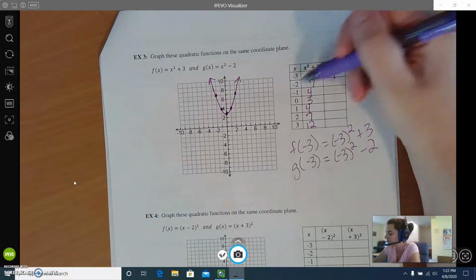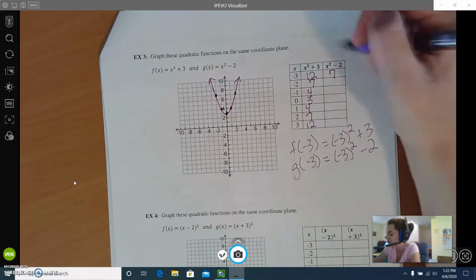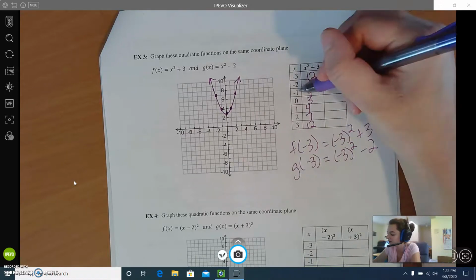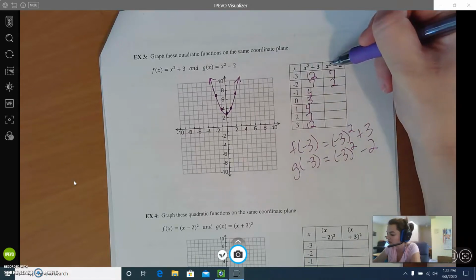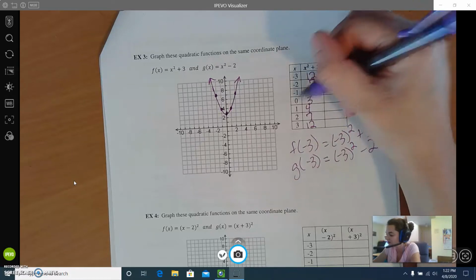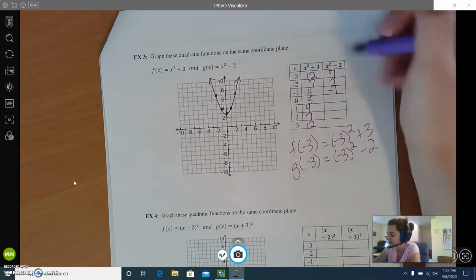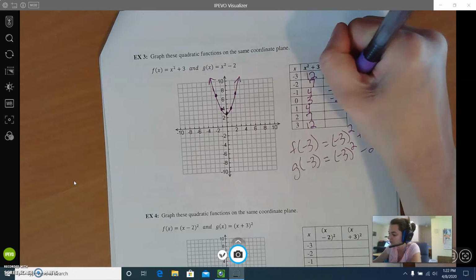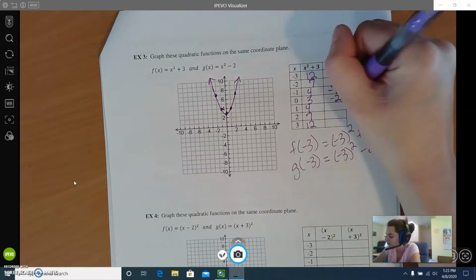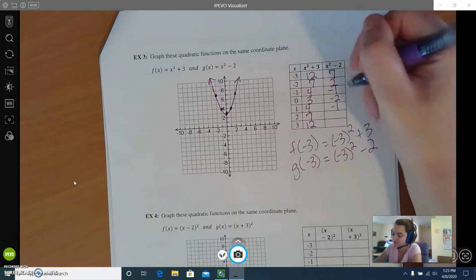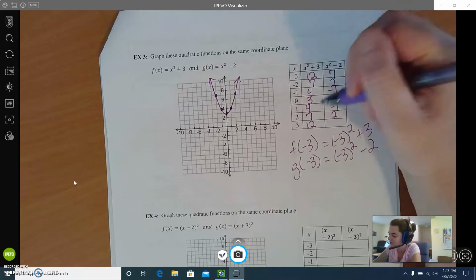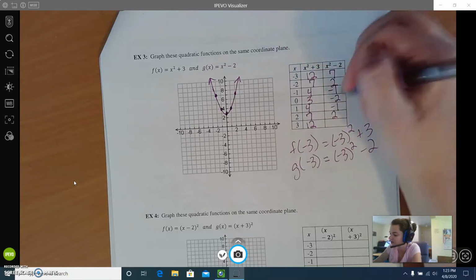And let's try -2. -2 squared is 4, and 4 minus 2 is 2. -1 squared is 1, and 1 minus 2 is -1. 0 squared is 0, and 0 minus 2 would be -2. 1 squared is 1, and 1 minus 2 would be -1. 2 squared is 4, and 4 minus 2 is 2. 3 squared is 9, and 9 minus 2 is 7.